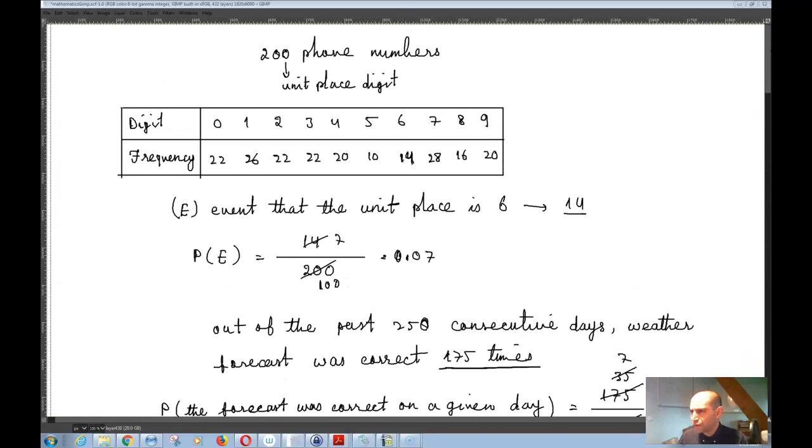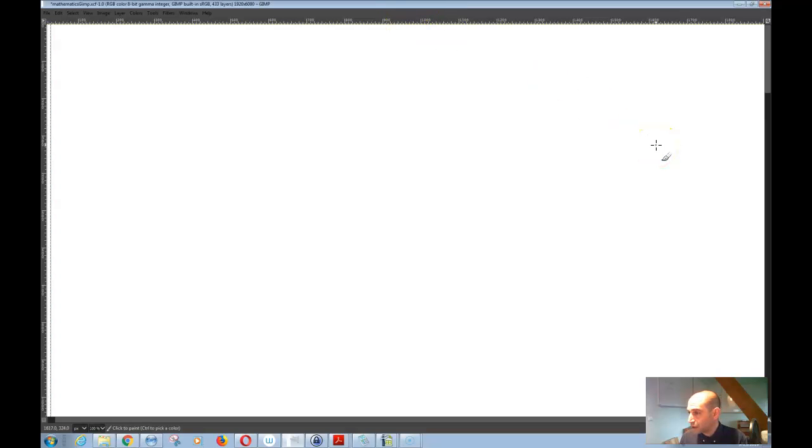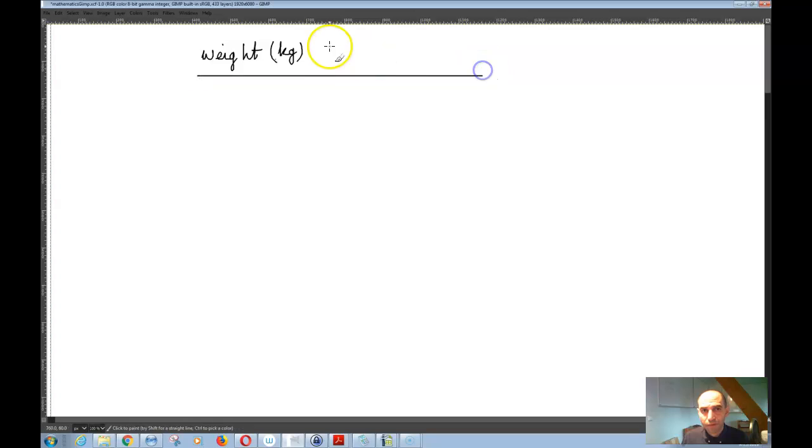So I have this basically continuous frequency distribution table, which is weights in kilogram, and over here I have number of students.